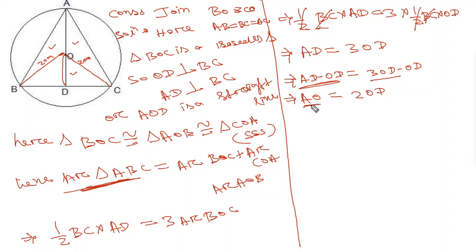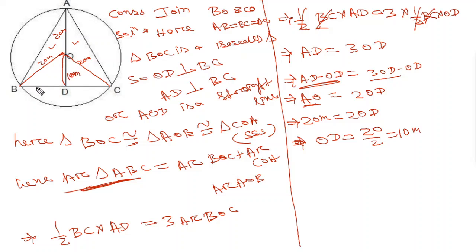Length of AO is 20 meter, this is the radius. So AO is 20 meter equal to 2 OD. OD will be equal to 20 divided by 2, equal to 10 meter. So we got the value of OD.